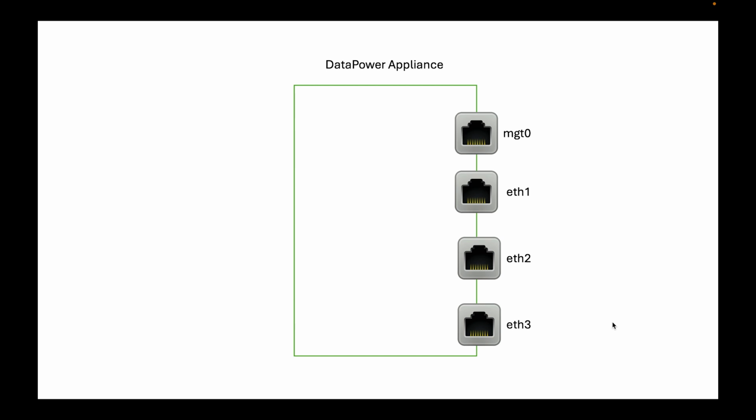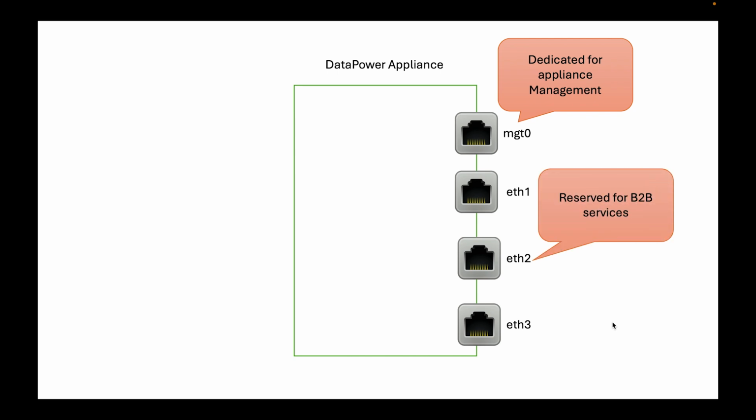As an administrator, first you will have to think about which of these Ethernet interfaces you will use for what. For example, you can say that I'm going to dedicate the MGT0 Ethernet interface primarily for appliance management, and I'm not going to install any services on top of it.